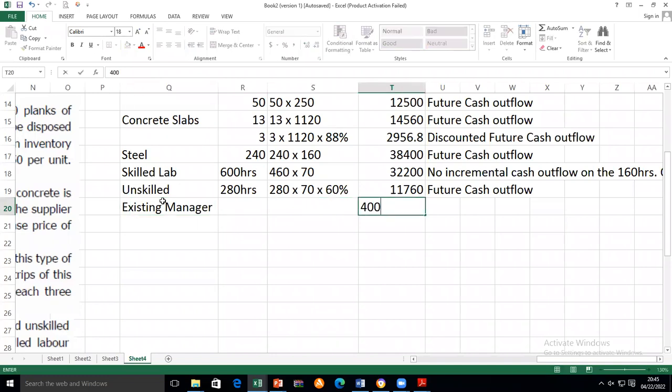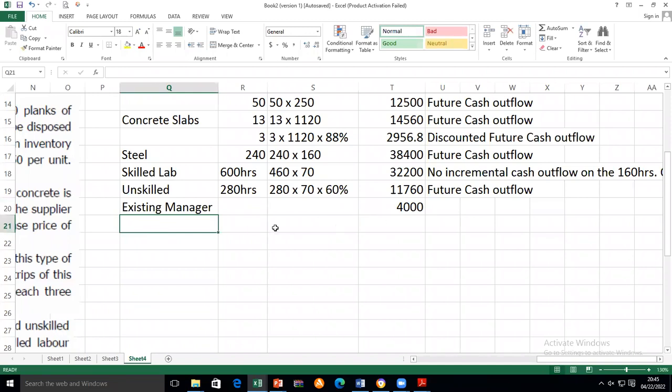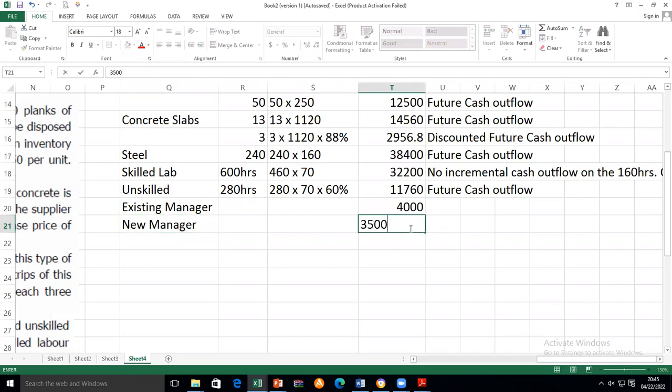Yeah, there is, because they have said he will be paid an extra 4,000 due to the size of the project. So bring him this side, the only extra money is 4,000. Who will be doing his work? He will be replaced by a less experienced manager who will earn 35,000.